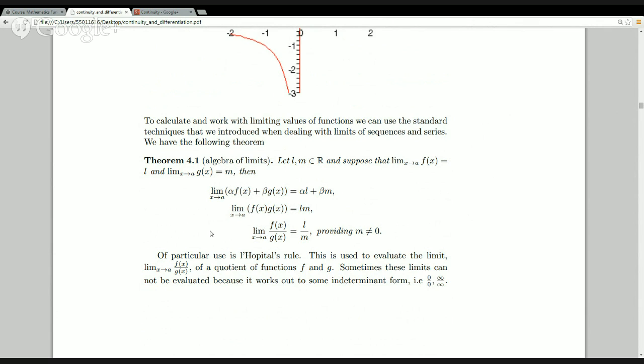So in this theorem, theorem 4.1, we're not going to prove it formally. I'm going to reserve the formal proofs for when we're looking at the related idea of continuity. But you can easily summarize or remember these results.